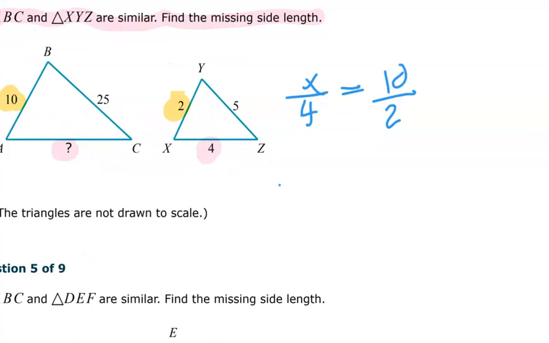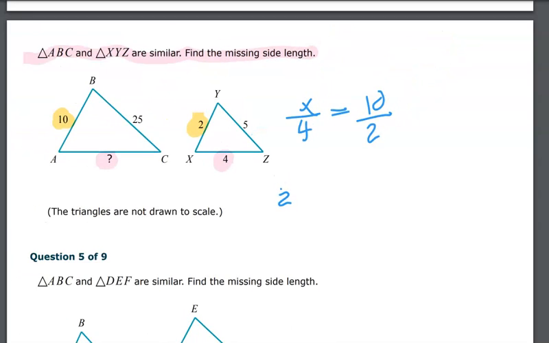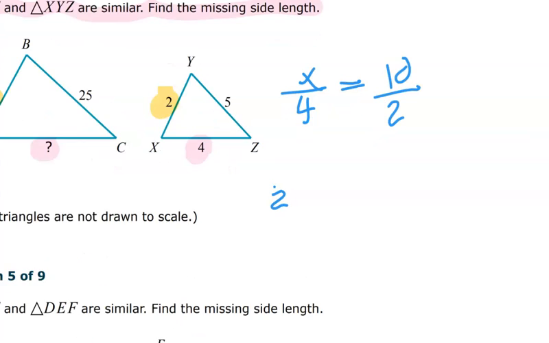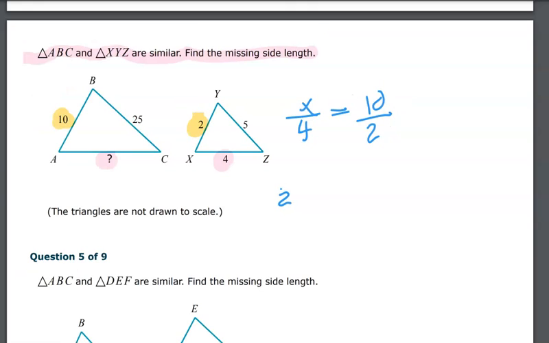So then I get 2x equals 40. And then I divide by 2. x is equal to 20.